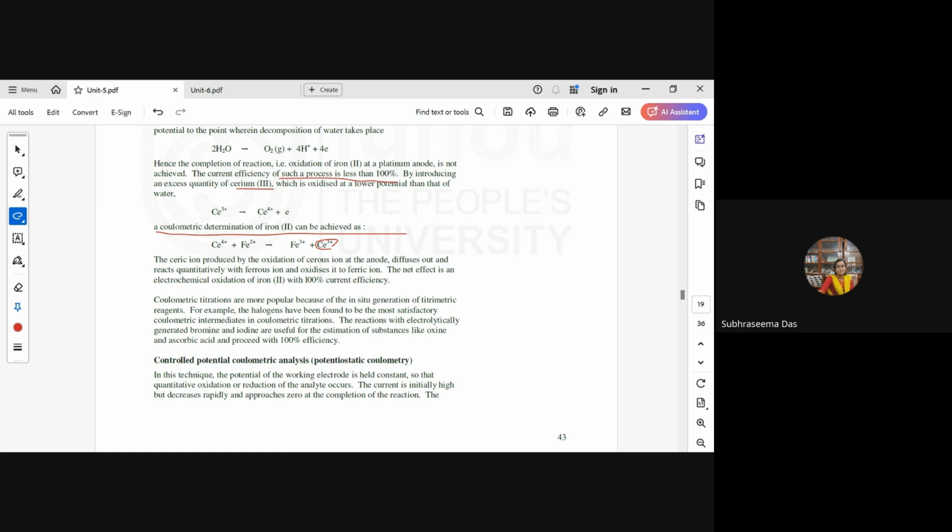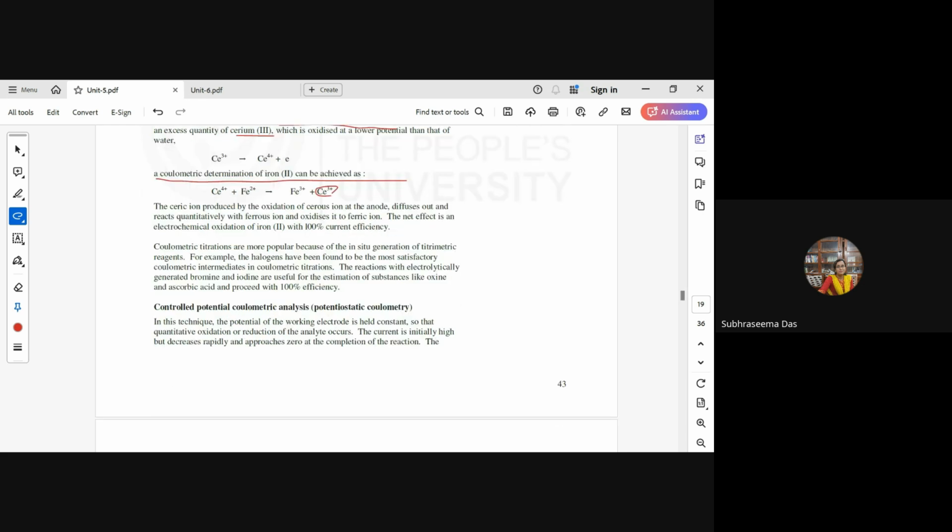Now, coulometric titrations have become more popular because of the in situ generation of these reagents. For example, halogens have been found to be satisfactory for coulometric titrations. Now, coming to controlled potential coulometry, here the potential of the working electrode is held constant so that quantitative oxidation or reduction occurs.